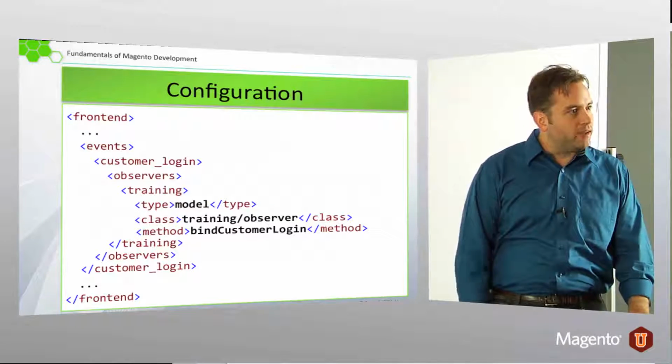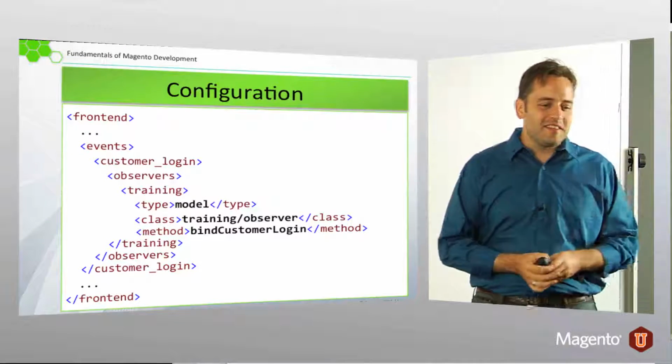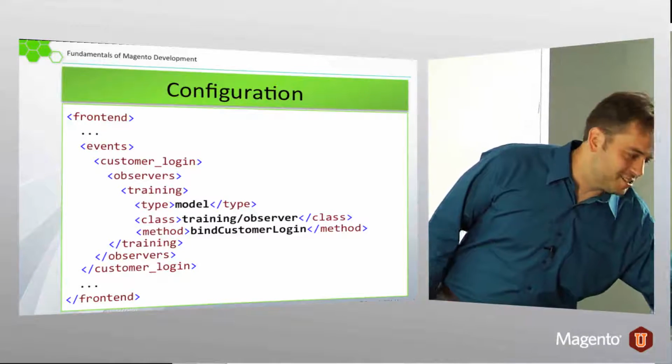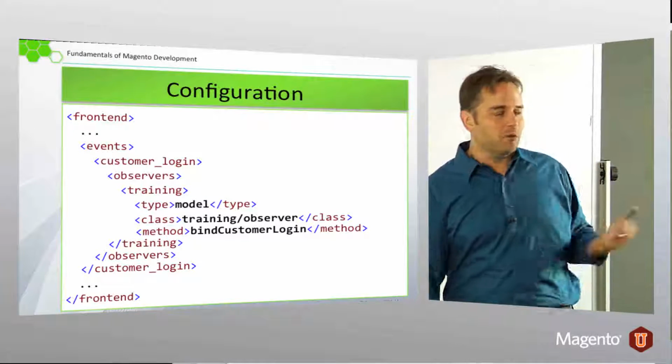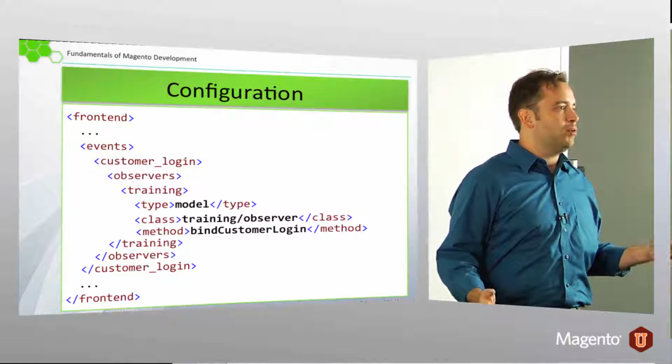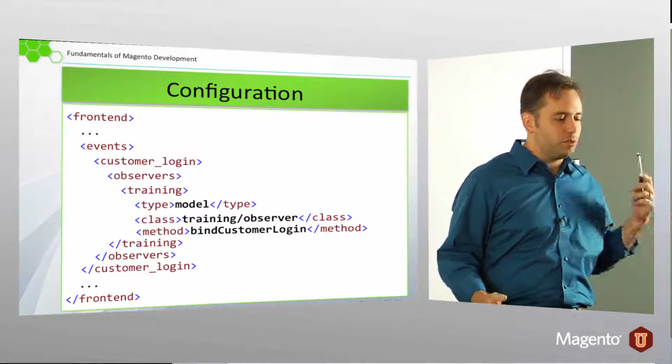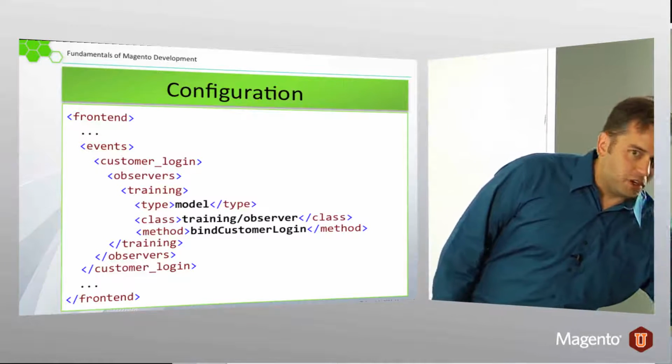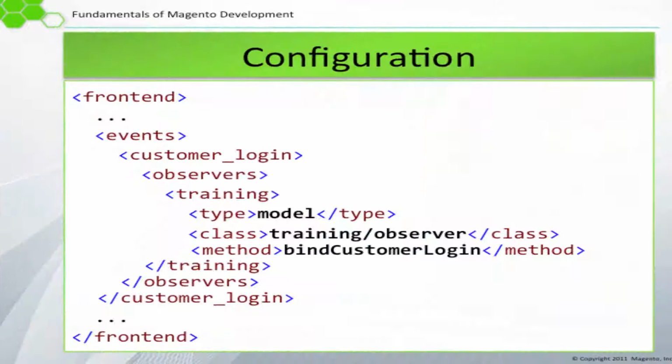Okay. Now that I've thrown about 15 different facets of observers at you, let's look at what really matters to you as a programmer and what you'll be doing. Anytime you want to do anything with an observer, you'll specify in your observer an area, in this case frontend, and then inside the events node.